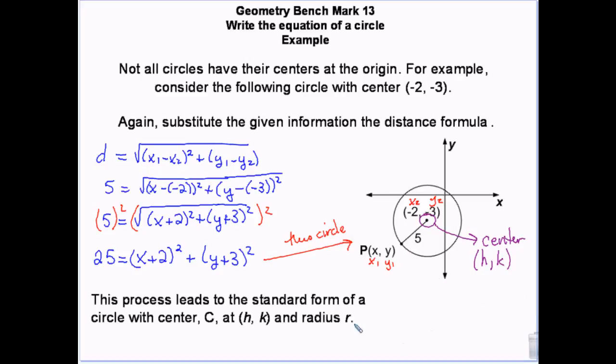And so the standard form, the regular equation of a circle with some center anywhere, is x minus h squared plus y minus k squared is equal to r squared. x and y stay letters. h and k end up being the numbers here, and then r is the radius. I'm going to show you how that works with real examples, don't worry.